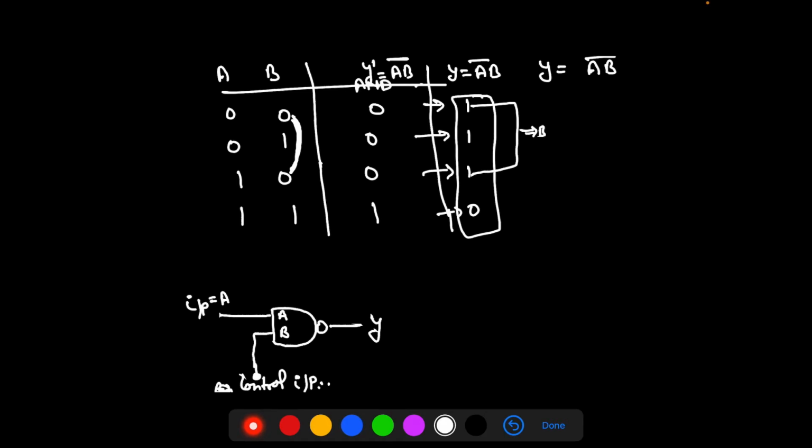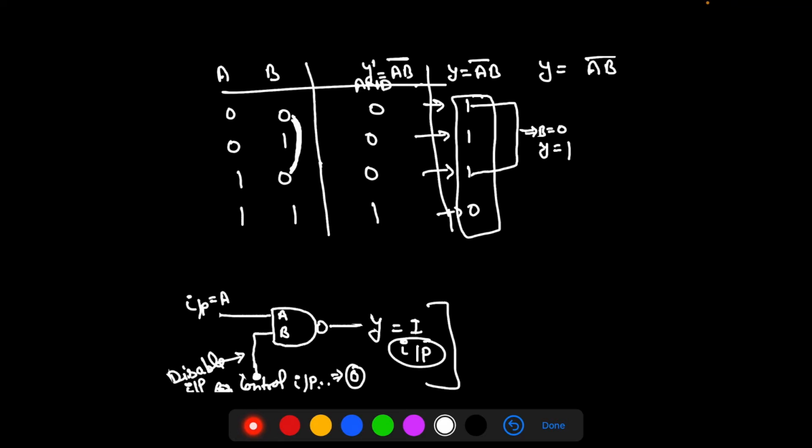It does not depend on the input. In any circuit, when the output does not depend on the input, the control input is called a disable input. Whenever this input is 0, it disables the input.